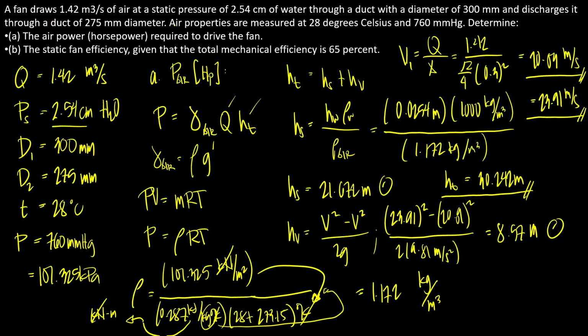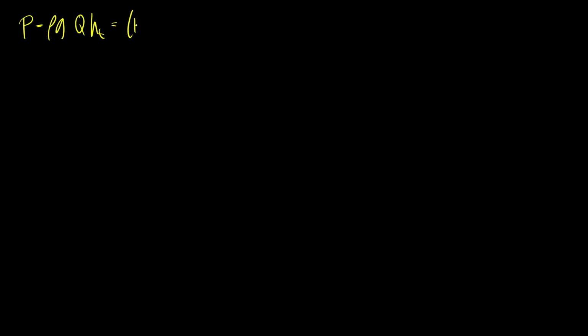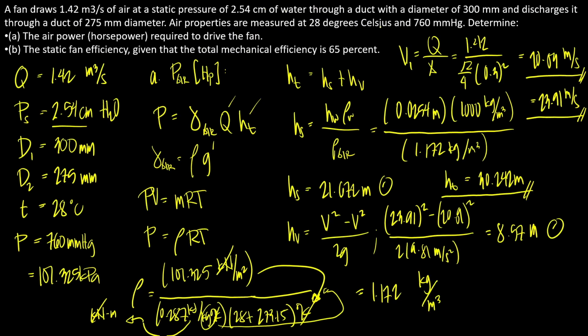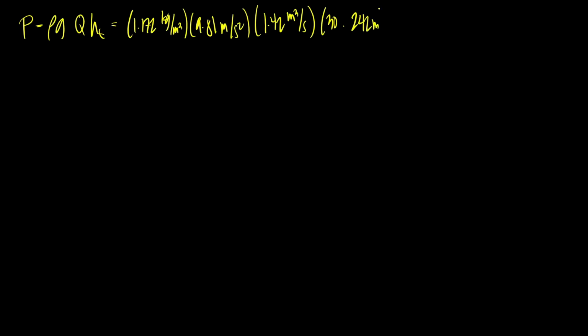So we have density, gravity, Q, HT. The density of air is 1.172 kilograms per meter cube, gravity is 9.81 meters per second squared, Q is 1.42 meter cube per second, and H is 30.242 meters.